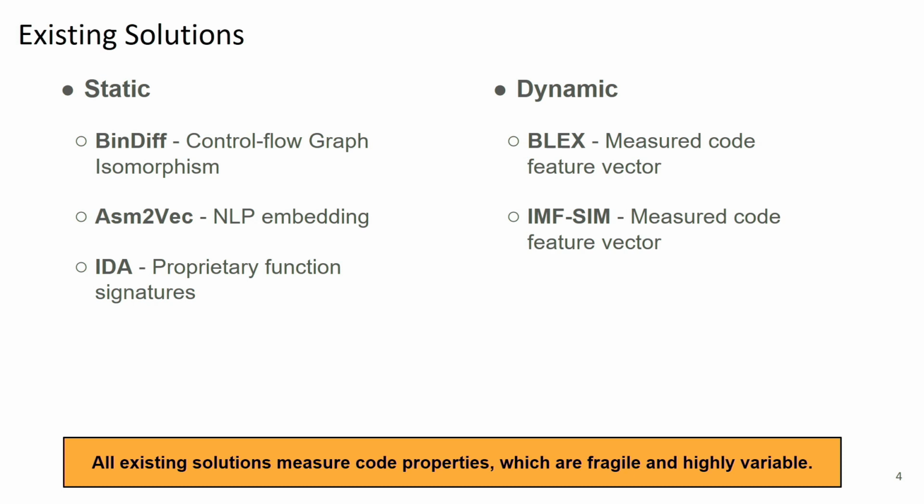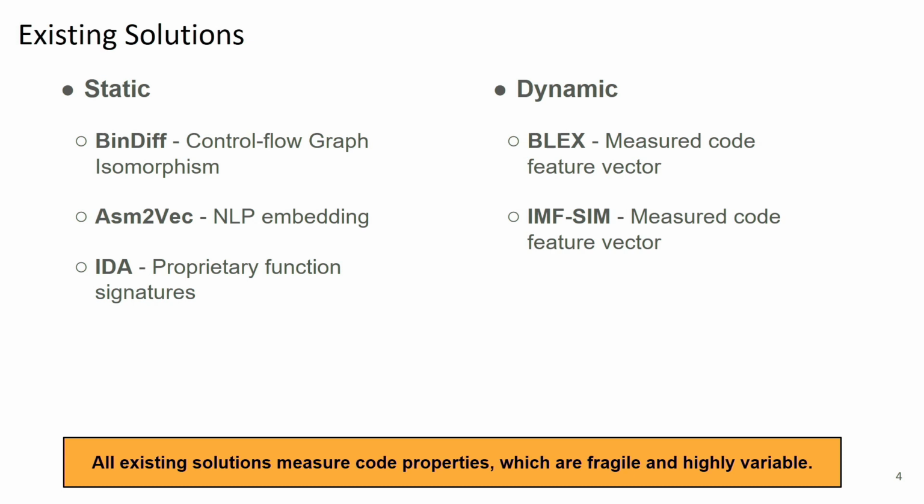On the other hand, dynamic solutions can do all of the analysis that static analyzers can do. However, they execute some or all of the instructions presented in a binary. Blanket execution and IMFSIM are two examples of dynamic binary function identifiers.